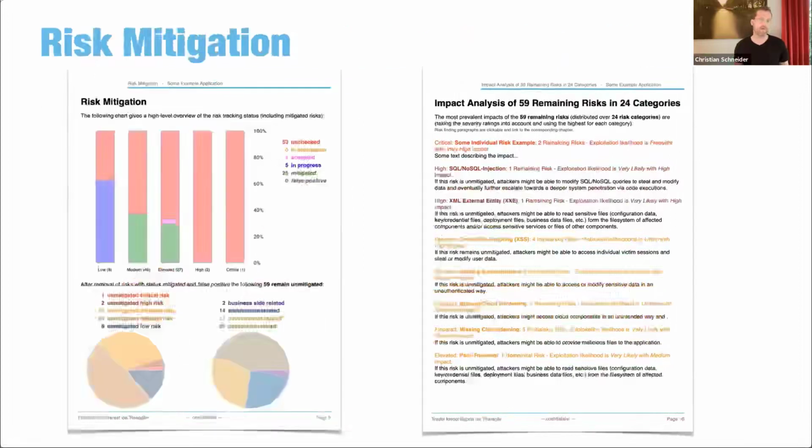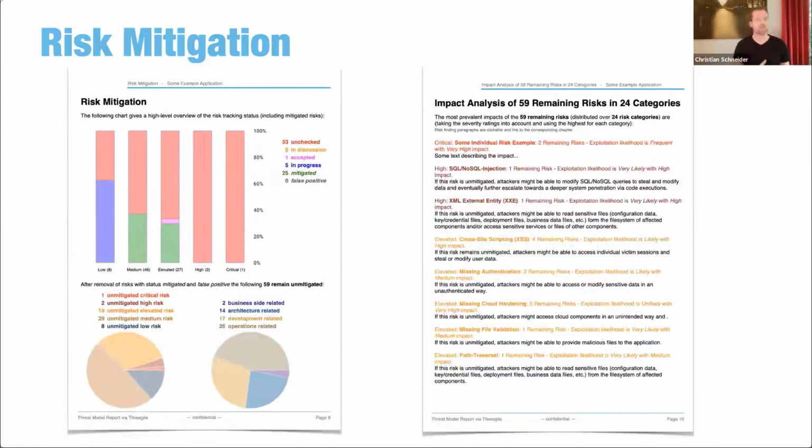And you've got a before and after view. So you can also maintain the risk mitigation state inside Threagile in the YAML file. So each risk gets a unique identifier that you can then use in the model file to assign a state of whether that risk has been accepted, if you want to just carry that, or if it's in progress of being resolved, or has already been mitigated, or something like that.